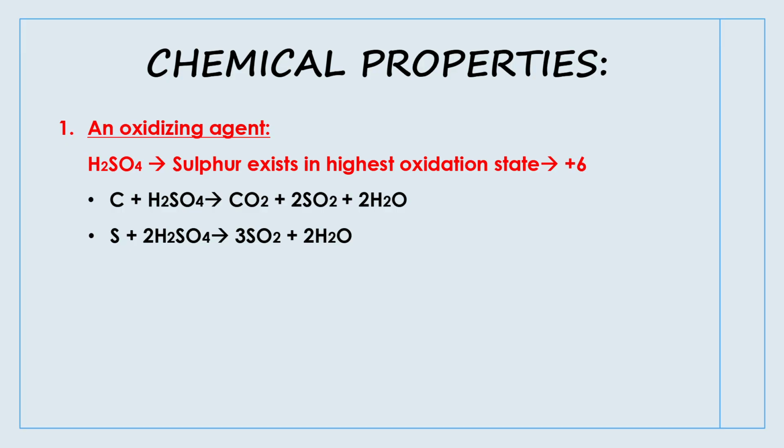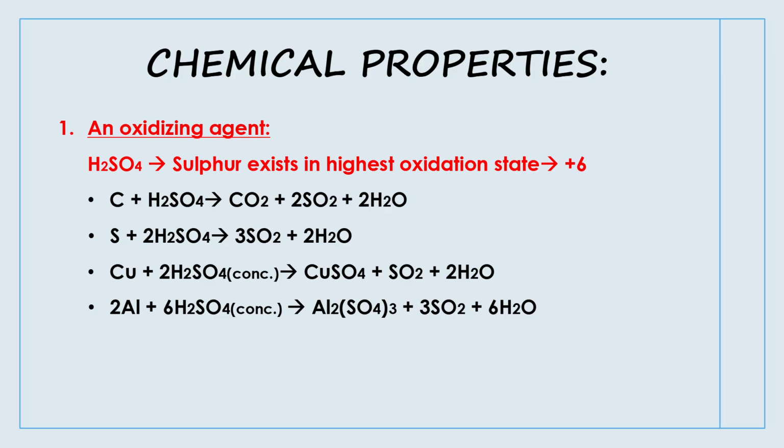And when it reacts with metal, it forms copper sulfate, sulfur dioxide and water for the copper metal, and for aluminium it will form aluminium sulfate, sulfur dioxide and water. These are the equations that you get most commonly in your board examination. Make sure that the equation must be balanced and complete.